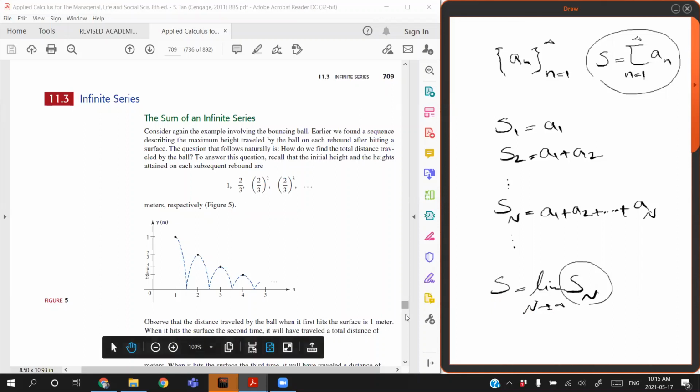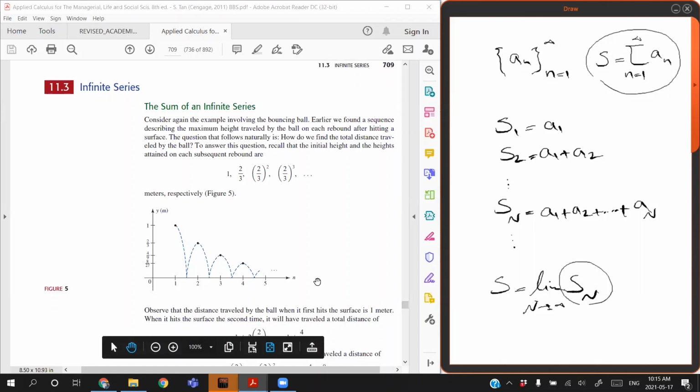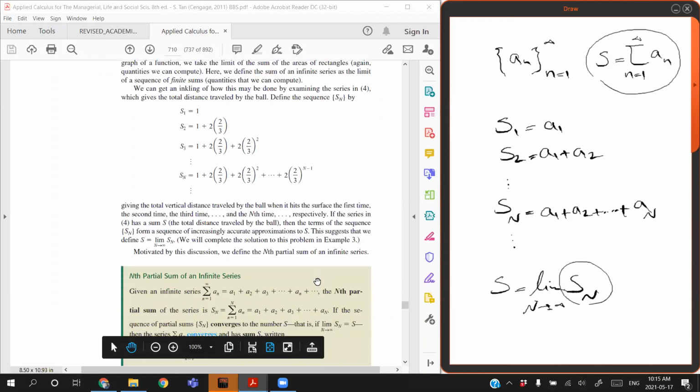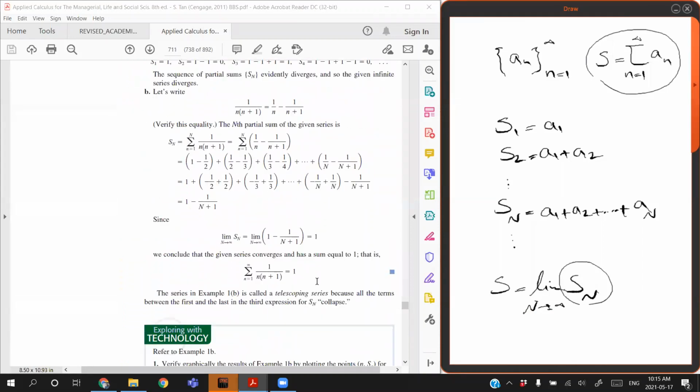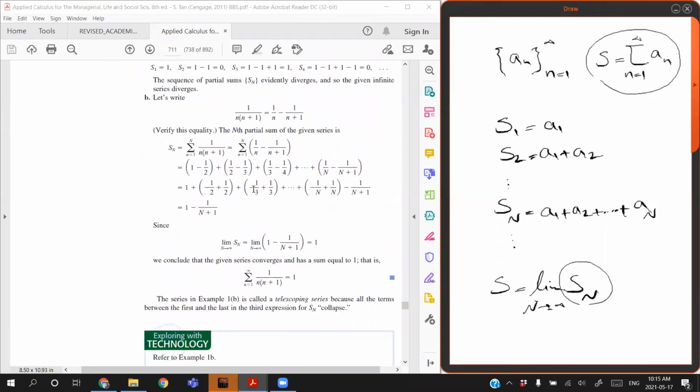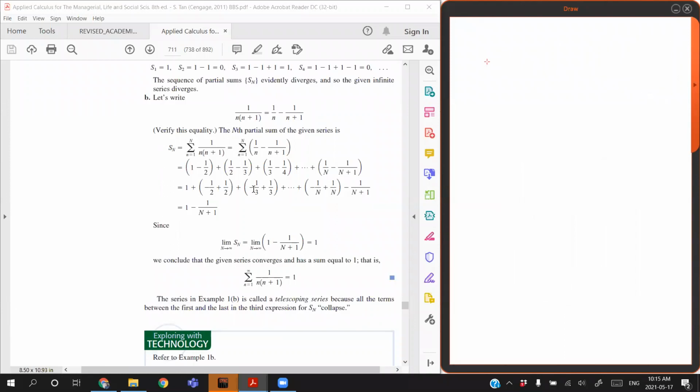Those two types of series that we looked at were, first, the telescoping series, like this one. If you have something like sigma 1 over n times n plus 1, n from 1 to infinity, then if you write down Sn, you can see that all the terms cancel out except for the first few and the last ones, and then you can find the limit of Sn.